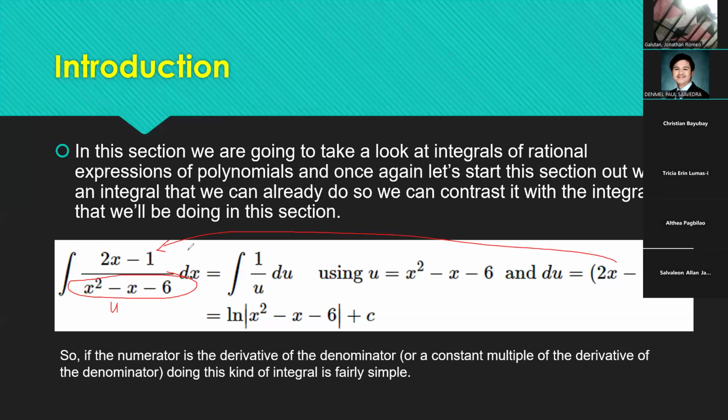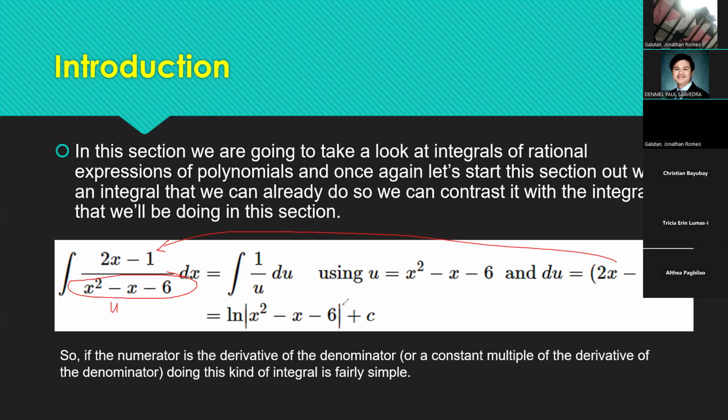So as to why we can apply the logarithmic formula, the du over u, it's working, u du. So you can just use that one and then, of course, use the formula. So the answer for this one is now ln absolute value of x squared minus x minus 6 plus c.